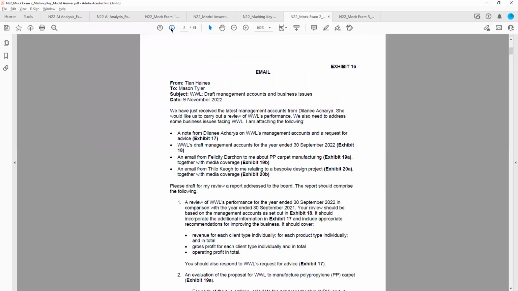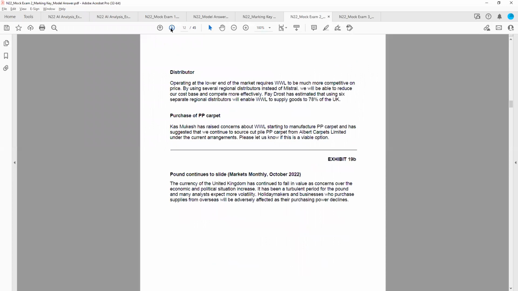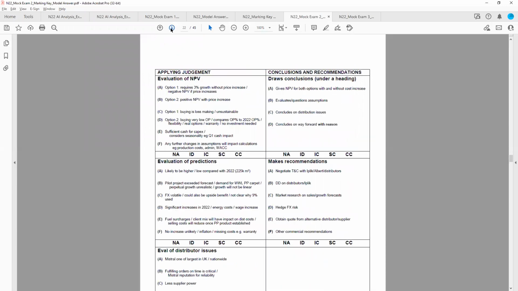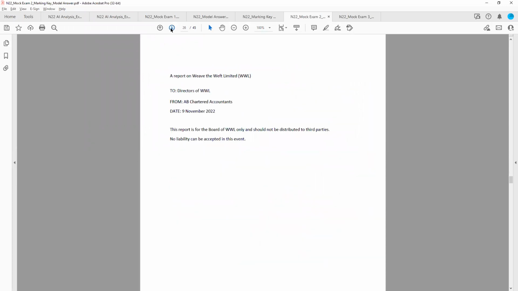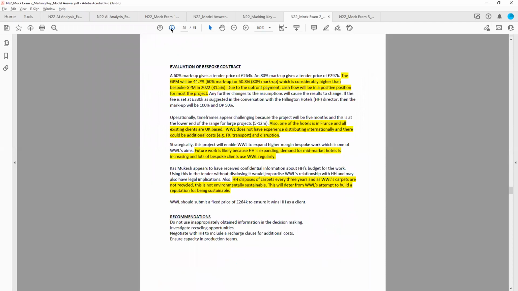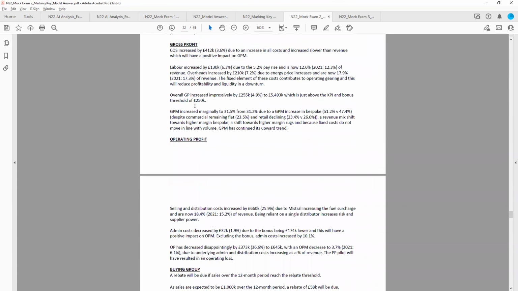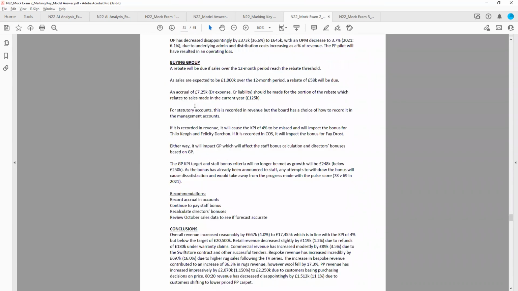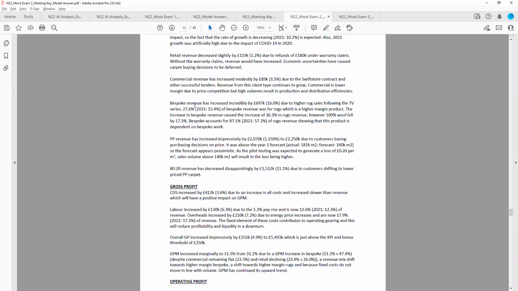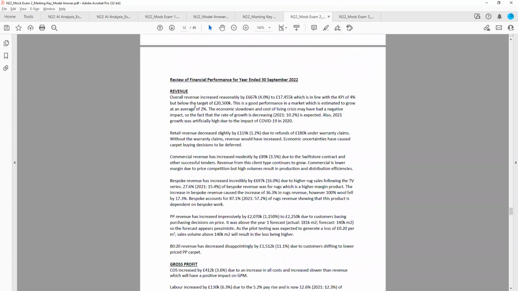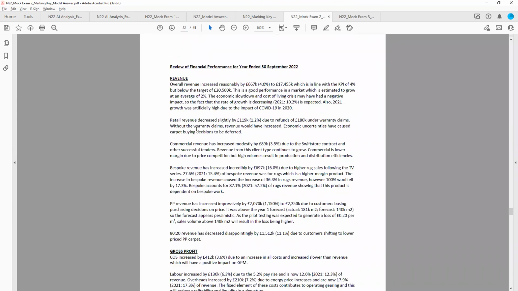All of the mock exams come with my model answer so that you can see exactly how you should have structured your points, the types of points you should have included, the way you should have laid them out, how much you should have had for each section. So therefore you can compare your answer to my model answer, and you can see how and where you need to improve.